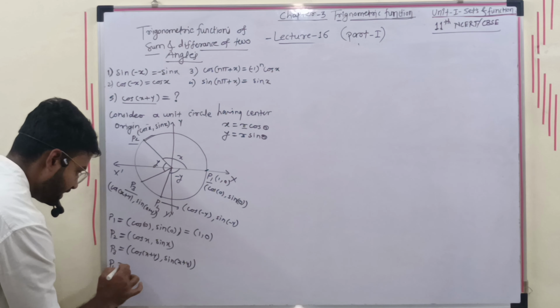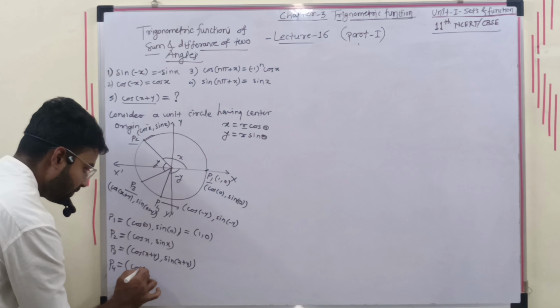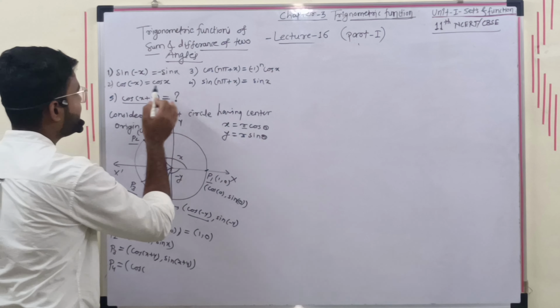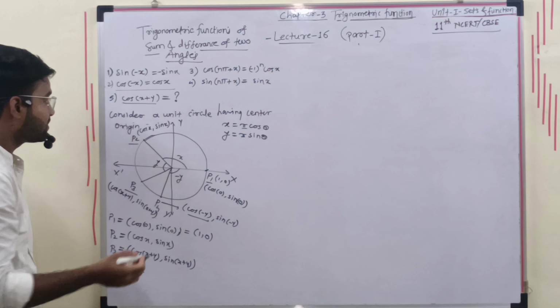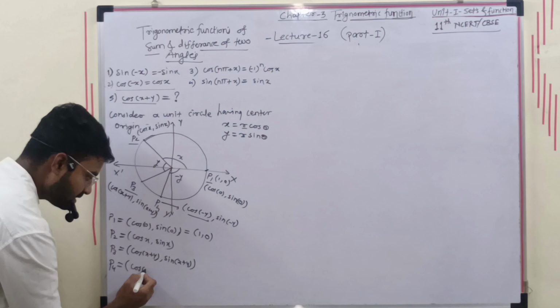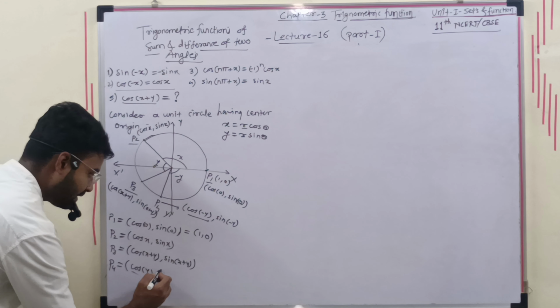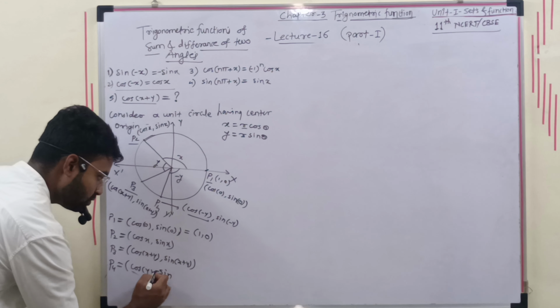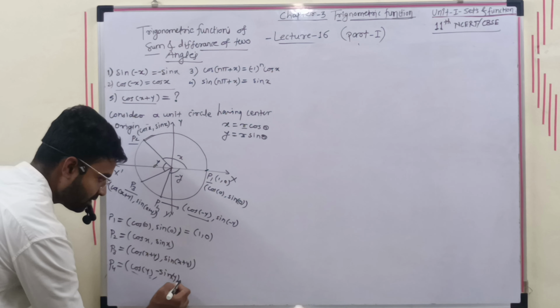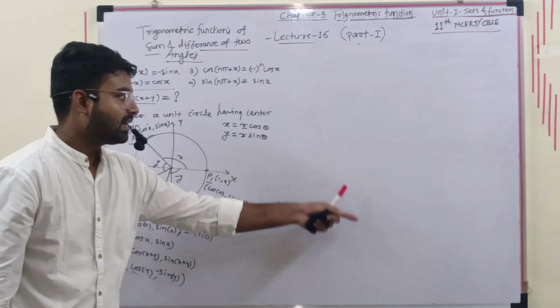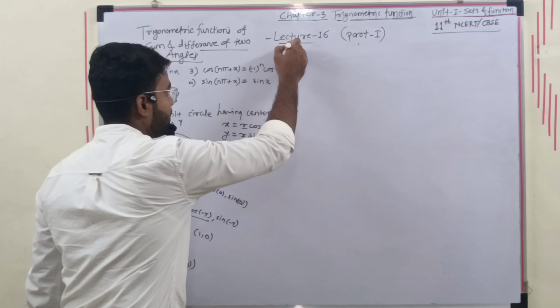And P4 is simply cos of minus y, sin of minus y. We know that since cosine is an even function, cos of minus y is equal to cos of y, and sin of minus y is equal to minus sin of y.